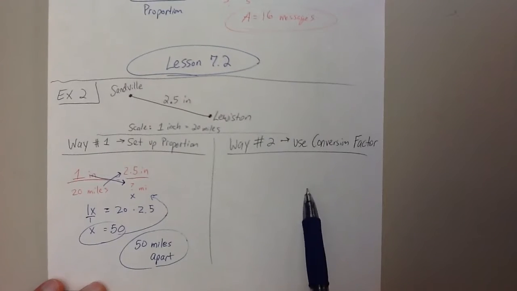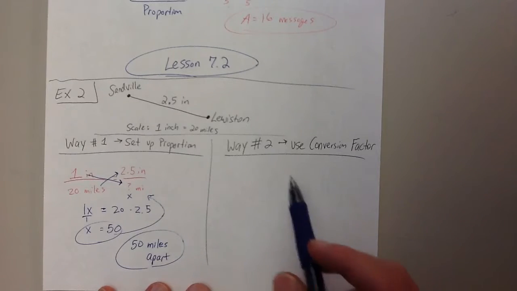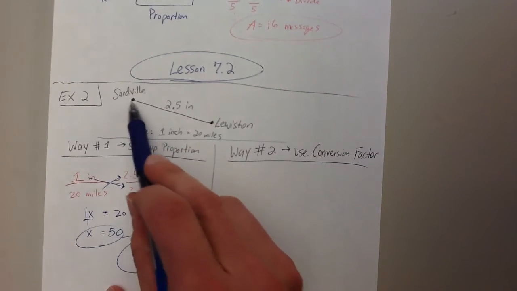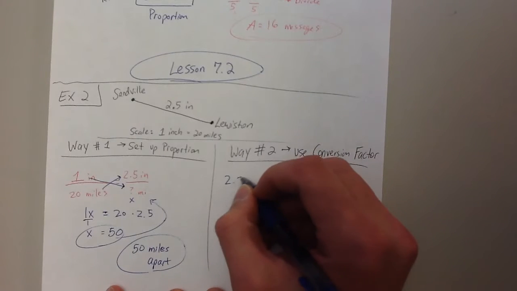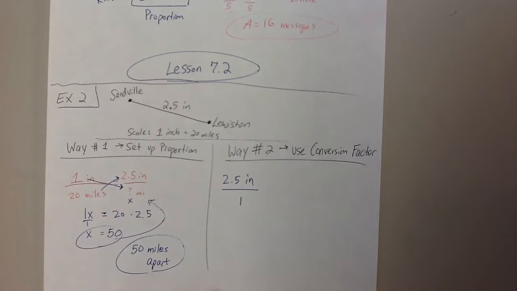Way number 2 is to use a conversion factor, and we'll be using this method a lot more once we get into lessons 7.3 and 7.4. So I could also use a conversion factor which would say this. Sandville and Lewiston are 2.5 inches apart from one another on the scale.